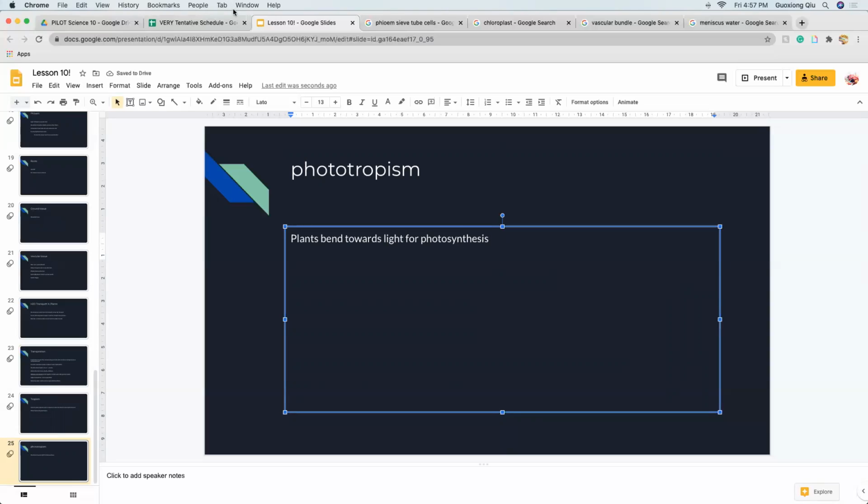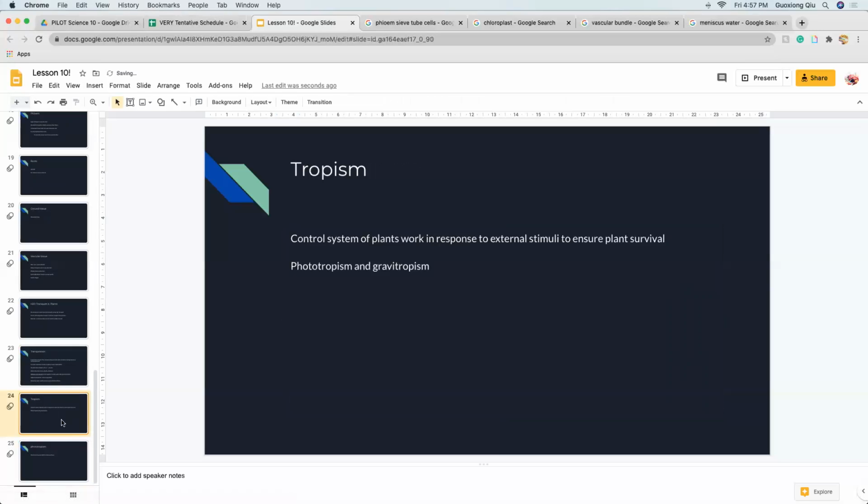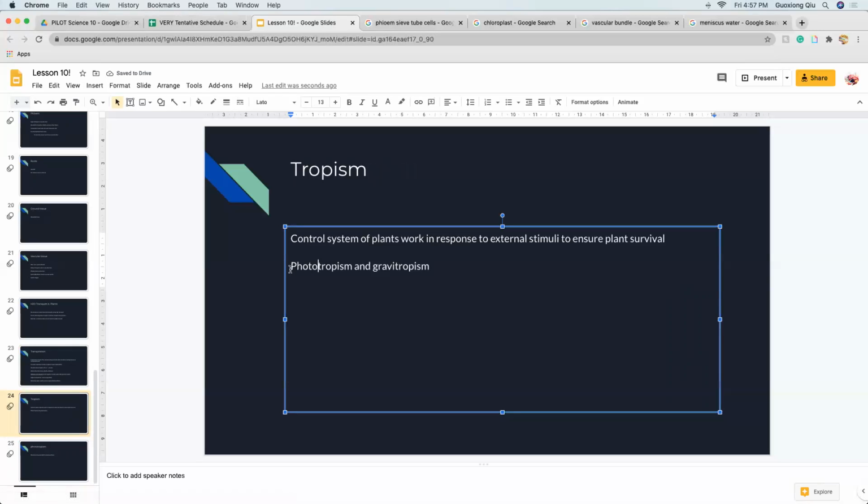And that is how we're going to conclude today's lesson. There's more to phototropism, which will continue in next week's class. Tropism is the last mini topic. Once you're finished learning about phototropism and gravitropism, that is the end of the bio unit for Science 10. You are going to be done.